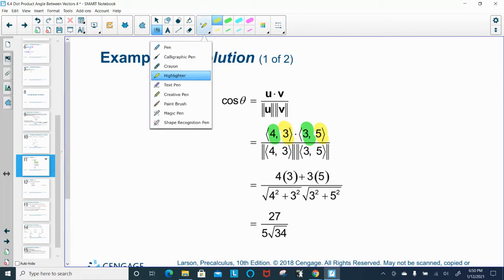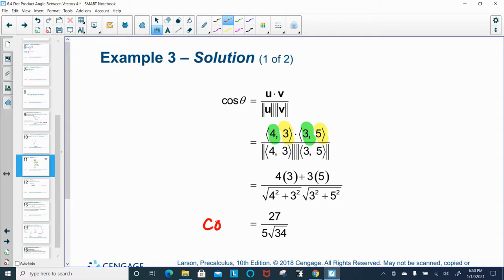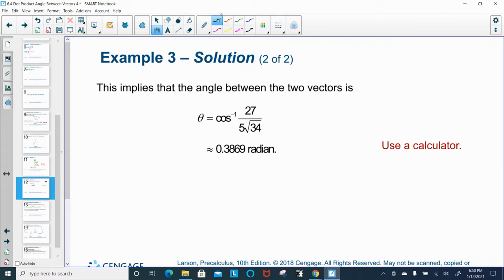Now that is just cosine theta. That's not your answer. Then you're going to need to go into your calculator and do second cos, or in Desmos, cosine inverse. And that's what you get as far as radians go. You would get a degree answer if you set your calculator to degrees.